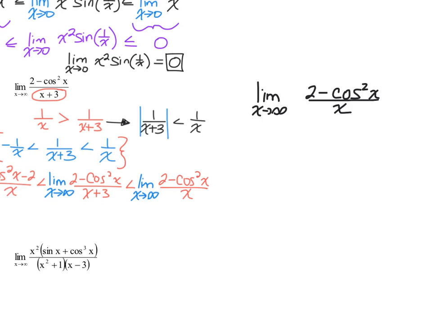You could then make this guy into what? Sine squared x. You could try to do something like that. The issue is it doesn't really get you anywhere for this problem, but that's why I'm not writing it on the big screen. But that is fair game. Identities are things that you should know, you should be able to apply. All right? They always come in the course in some fashion, not into every problem though.